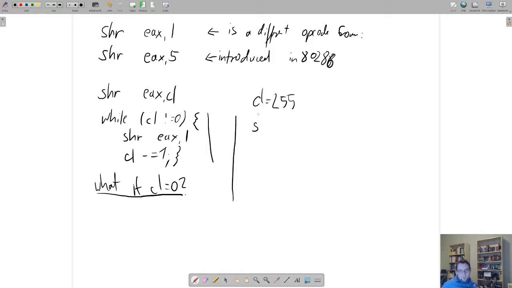First case: the last 5 bits of CL, I'm going to write it in this very location notation.